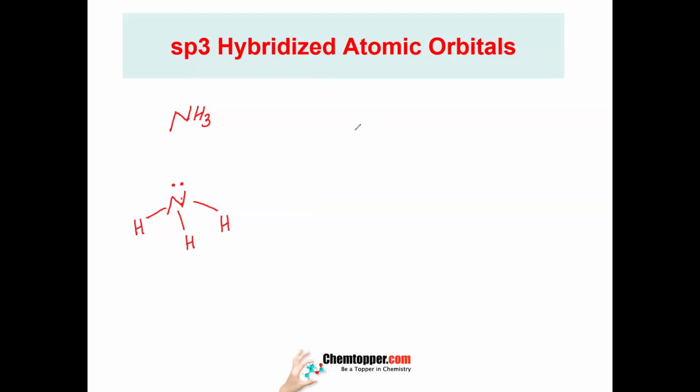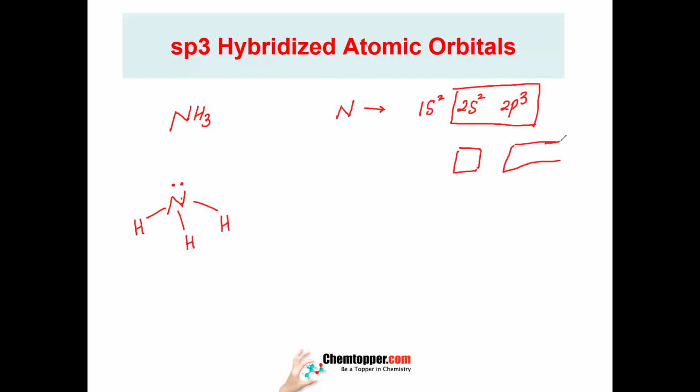Let's see how the mixing of orbitals will take place. This is nitrogen. 1s2, 2s2, 2p3. Outermost shell, this one. Let's make the outermost shell. Now you mix them.